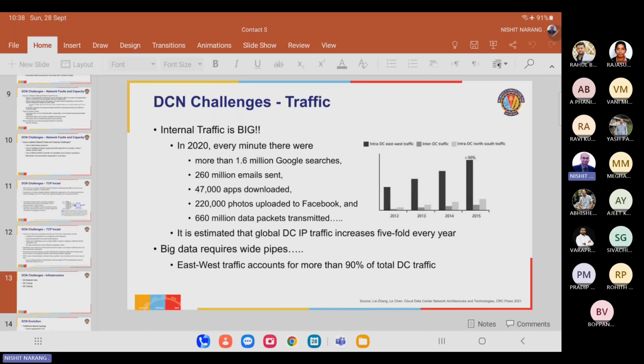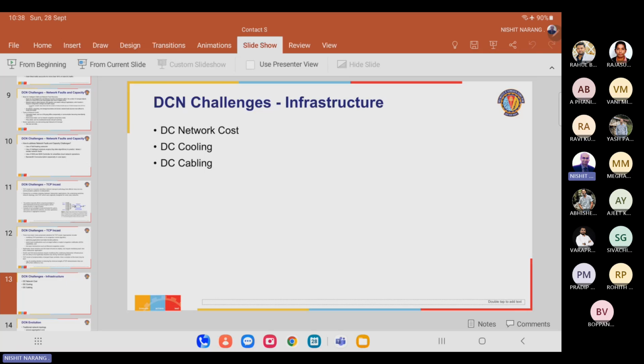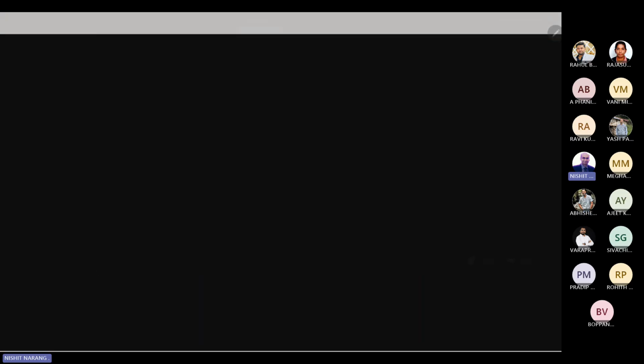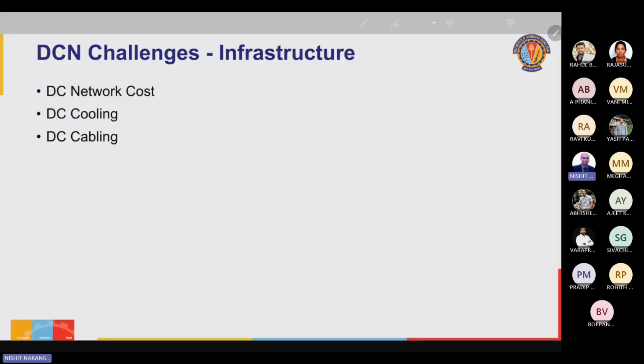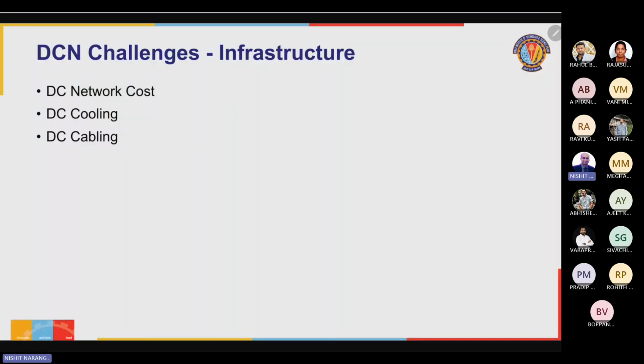We had concluded by quickly summarizing the issues that exist on the infrastructure side. And we said this may not be too much of a concern to us, but for the sake of completeness, we did note that the networking cost is a challenge for the designer of a data center network, because you have to keep the cost in consideration when designing it.